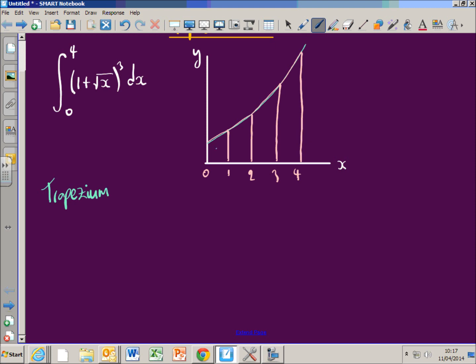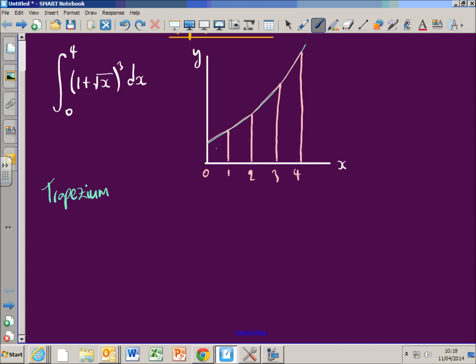Do you know how to calculate the area of a trapezium? You add up the parallel sides, times it by the distance between them, and then halve it. If you went along and did all of that, you could do it yourself, but the trapezium rule is essentially the same thing, all written down in a formula. So we're just adding up the areas of all those trapezia along the way.